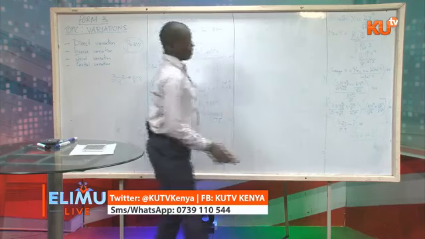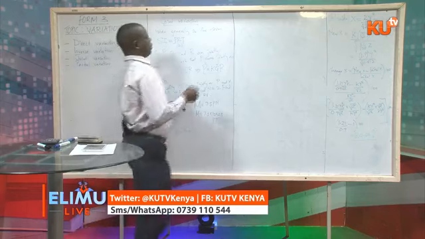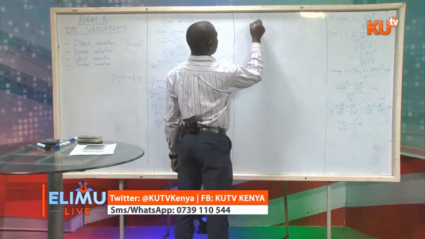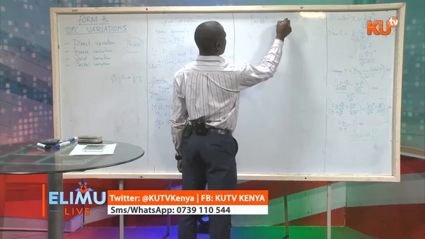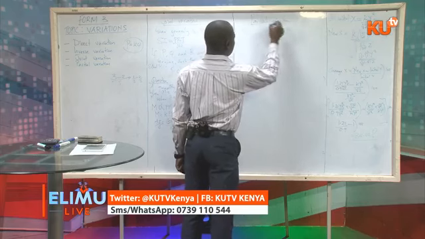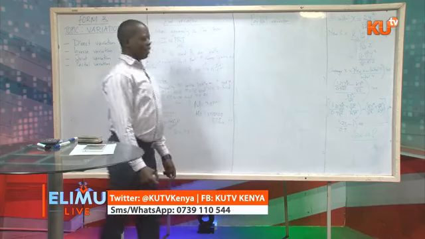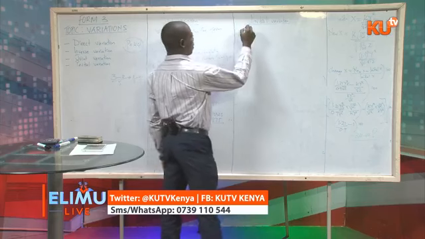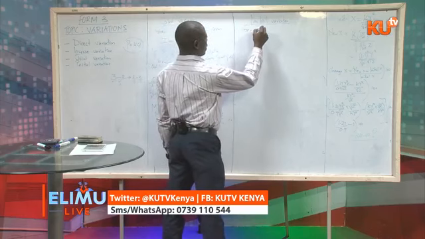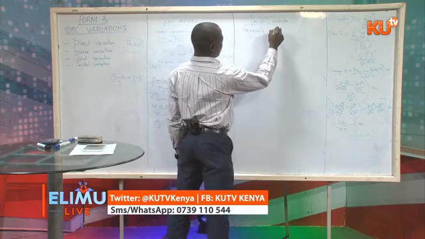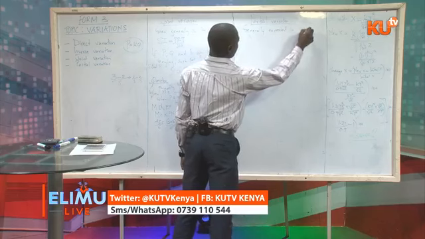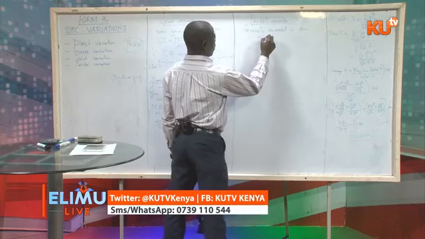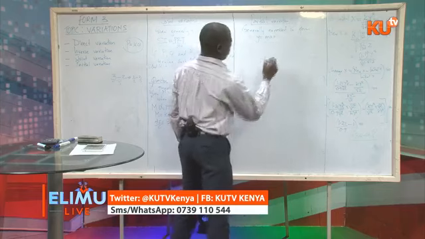In partial variation, the general expression of the equation is generally expressed in the form y equals mx plus c.